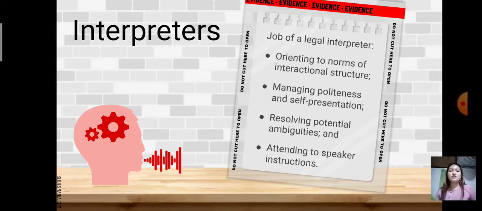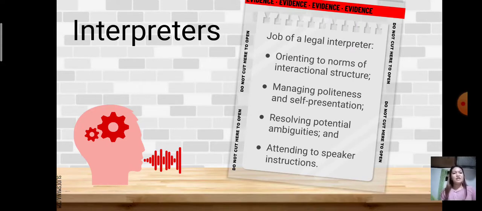Next, he must also be able to resolve potential ambiguities, and he or she must also listen attentively to the speaker's instructions, because he is the key to the understanding between the lawyer, the judge, and the witness or the suspect or the accused.